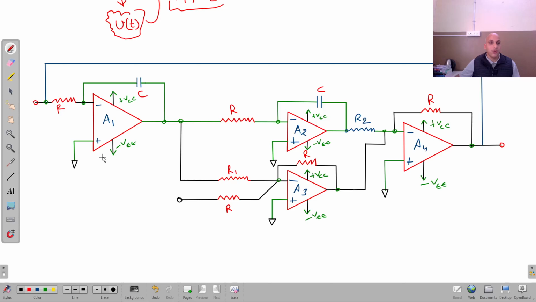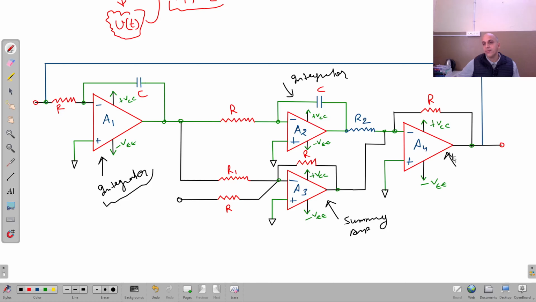This op-amp is going to act as an integrator. It is an integrator circuit, right? This is again an integrator. What is this? This is a summing amplifier. And this is again a summing amplifier.